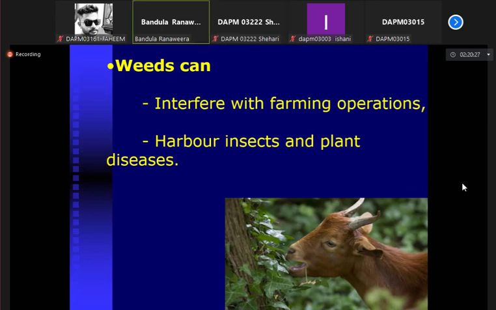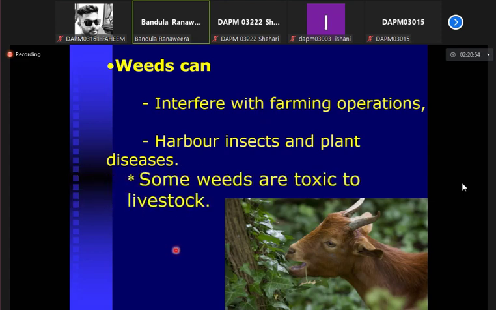Yes, so some weed plants can be useful for preparation of some animal feed, and then organic, or maybe as a live mulch, fertilizer, like that. Some are toxic, if we consider some more hazardous things, toxic to livestock when they feed on some weed plants. There can be some problems of the digestive tract.